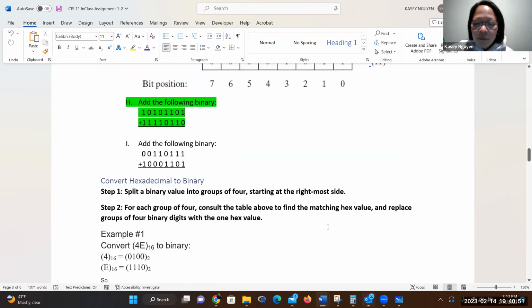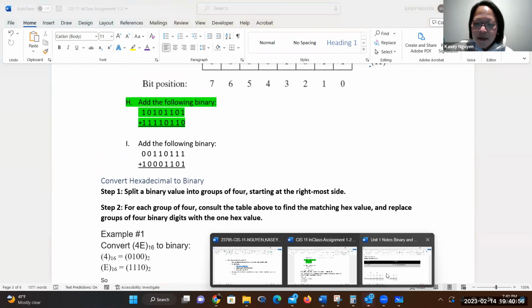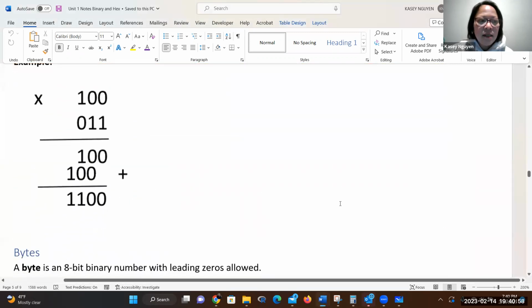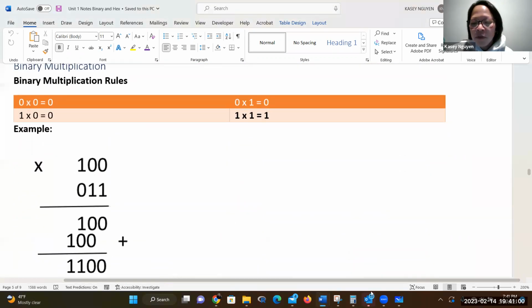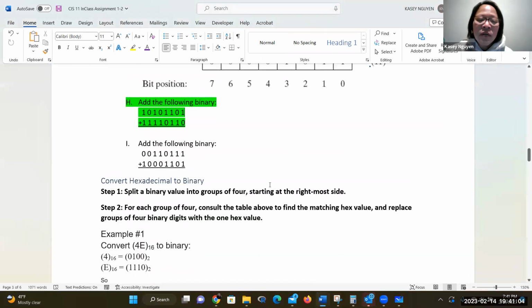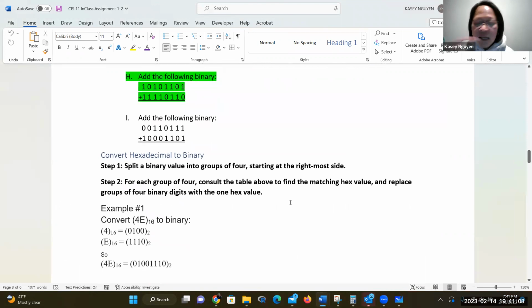When we are working with hexadecimal, it is base 16. There are 16 values in the hexadecimal system. Your value equivalents are 0 through 9, the same as decimal.